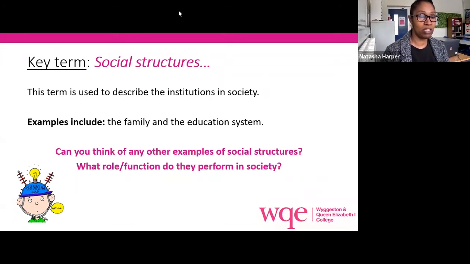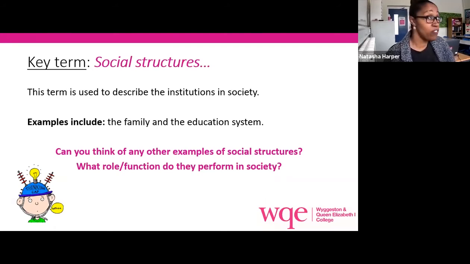So if you're able to think of any others, if you're not sure what institutions to think about, think organizations. What sort of organizations do we have in society that might be considered a social structure? I'm just going to give you all a few minutes to have a think of those. Don't be shy.